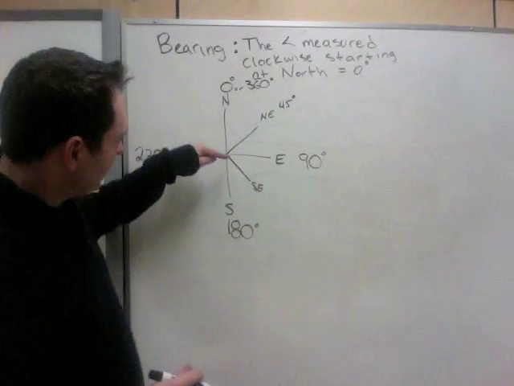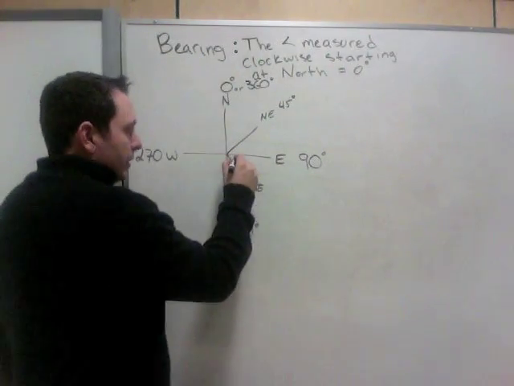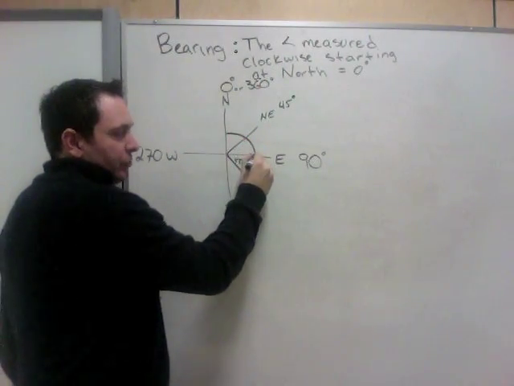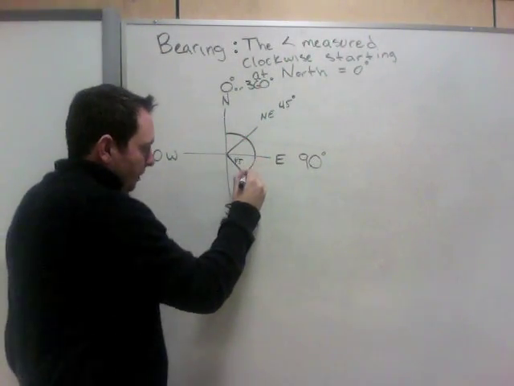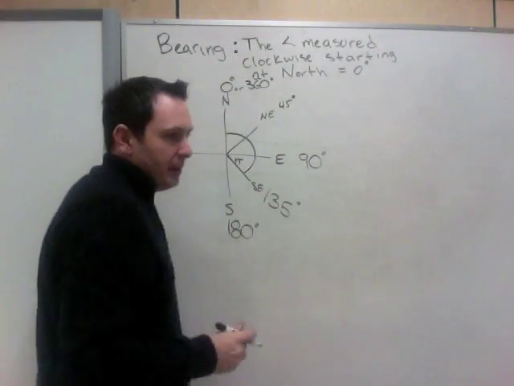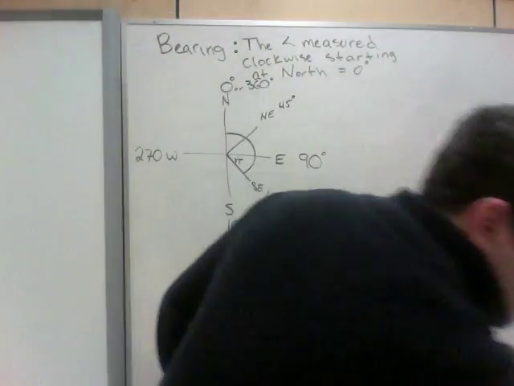Well, southeast is halfway between this 90-degree angle. So if we traveled around the compass 90 degrees and then 45 more, you're now pointing southeast on a compass, which is 135 degrees.